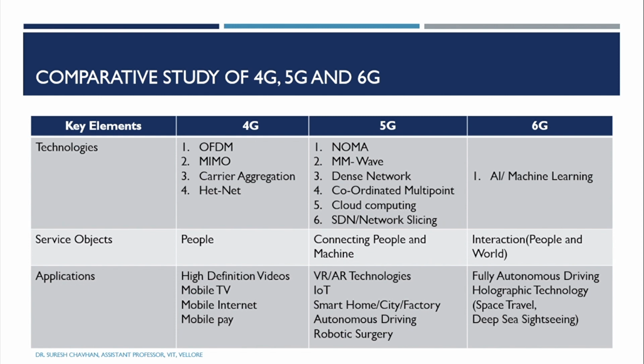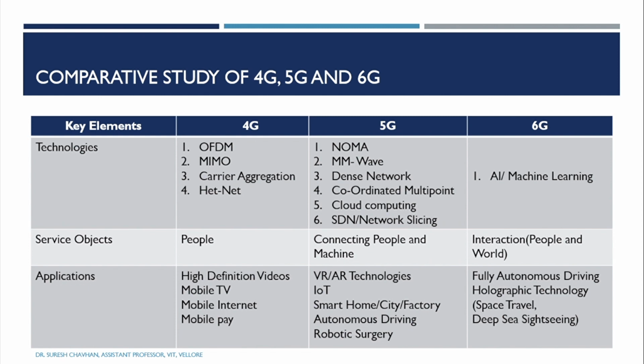And in 5G, NOMA, millimeter wave, dense networks, coordinated multi-point, cloud computing, software defined networks, network slicing, edge computing, fog computing, and so on. And in 6G, the novel additions in terms of technology are artificial intelligence, machine learning, and so on.